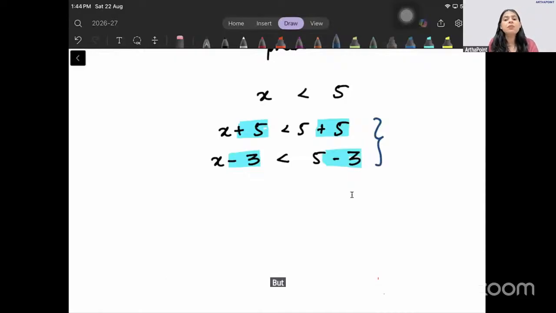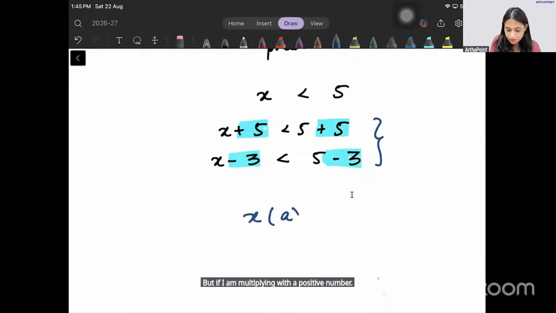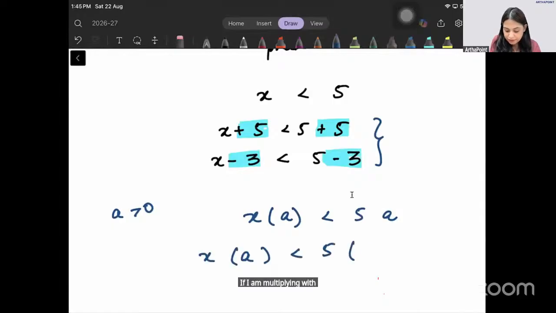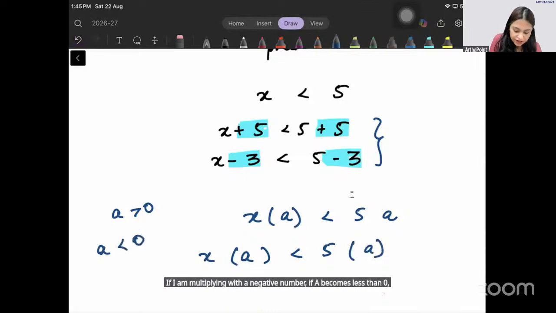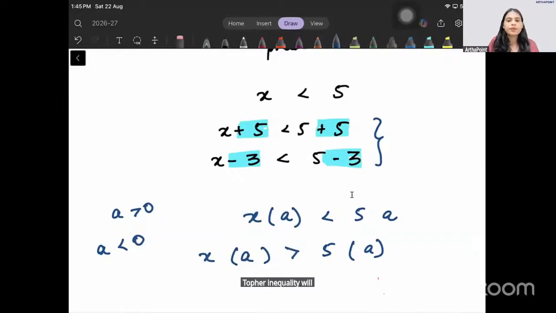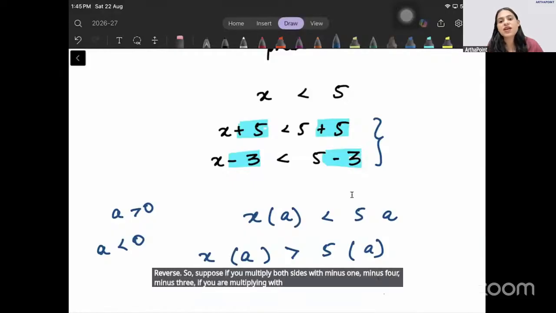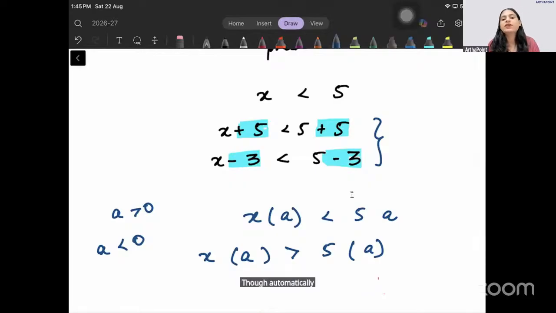But if I am multiplying with a positive number, तो भी inequality preserved. If I am multiplying with a negative number, if a becomes less than 0, तो फिर inequality will reverse. So suppose if you multiply both sides with -1, -4, -3, if you are multiplying with a negative sign, अगर आप एक negative sign से multiply करते हो, तो automatically inequality will reverse itself.